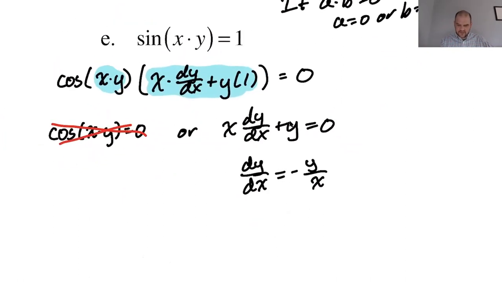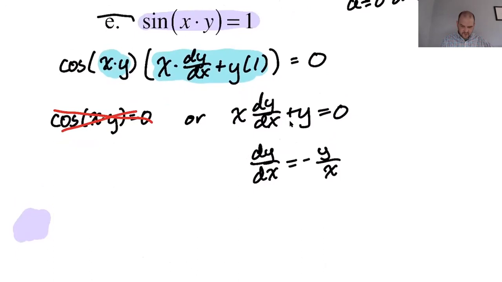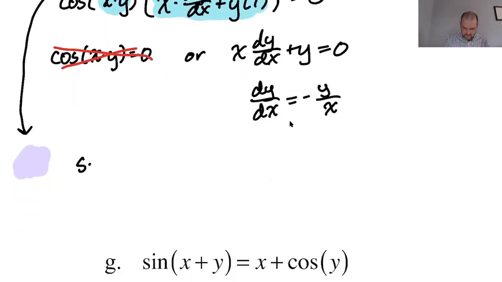But let's go up here and take a look at this. I'm seeing the sine of xy is equal to 1. So down here, the sine of xy equals 1.